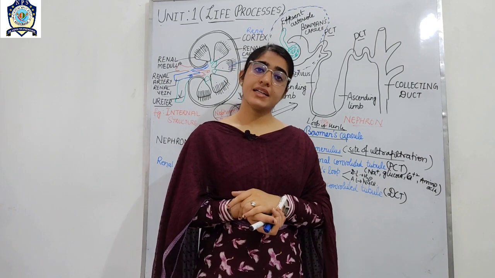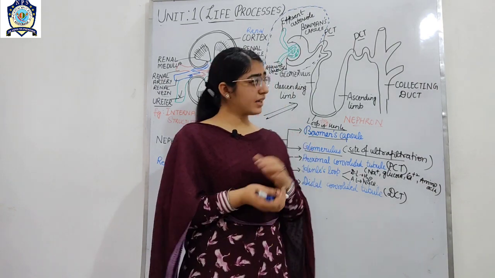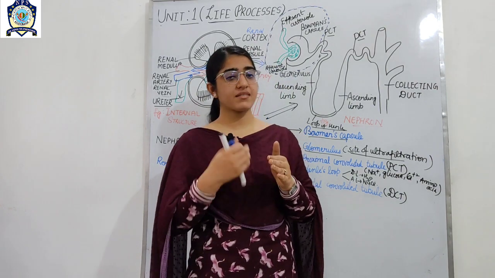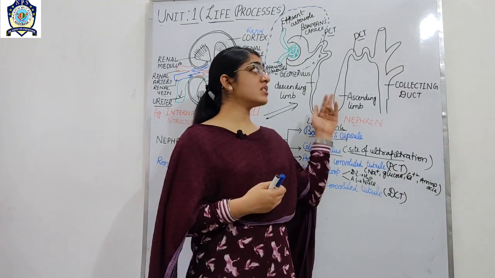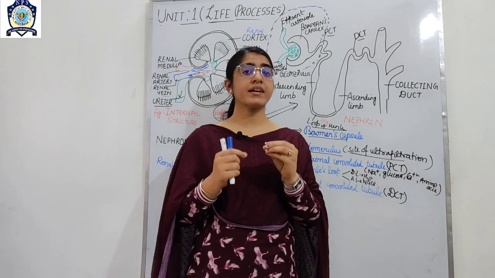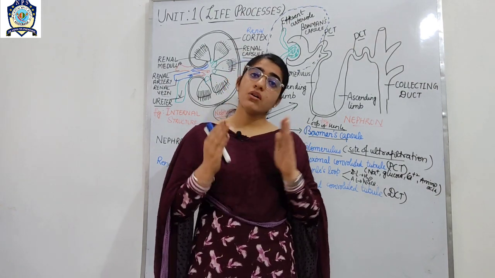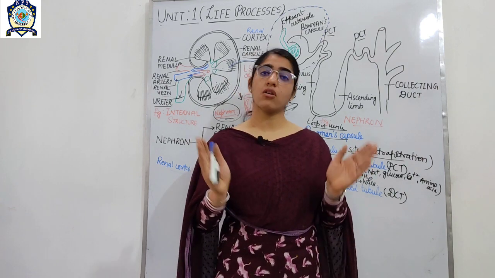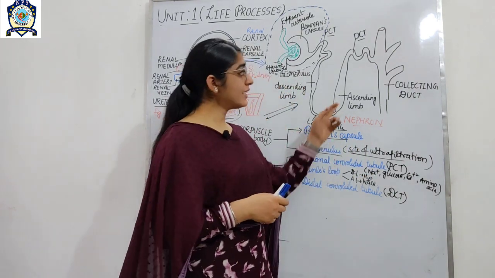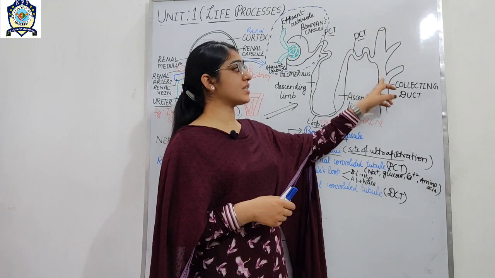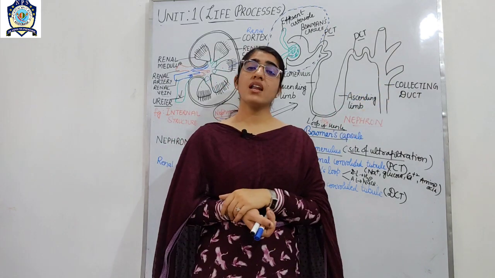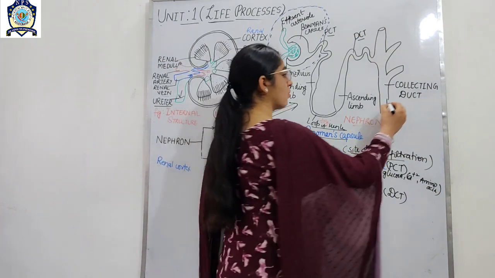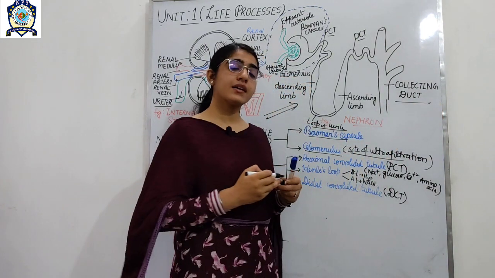Into the DCT. Again, in the next class I will tell you how this water is reabsorbed, because this DCT works under the control of a hormone called antidiuretic hormone. Okay, and further this DCT opens into larger tubes, and those larger tubes are called the collecting duct.